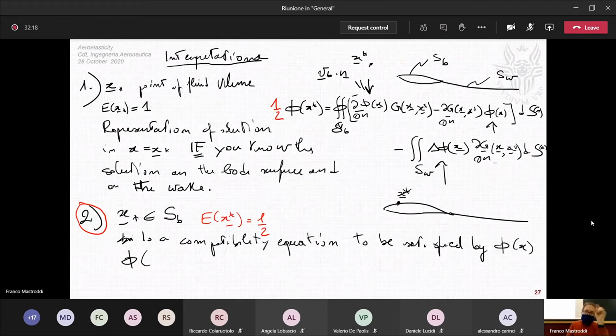This is the base concept for organizing a computational approach for solving the velocity potential on the body. So in this case, this equation becomes a compatibility equation to be satisfied by phi and phi of x star.